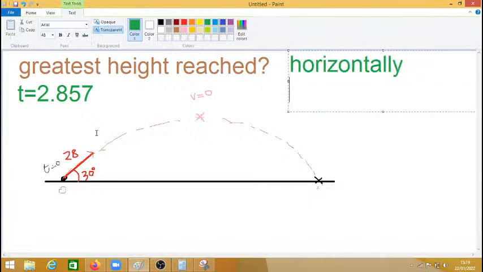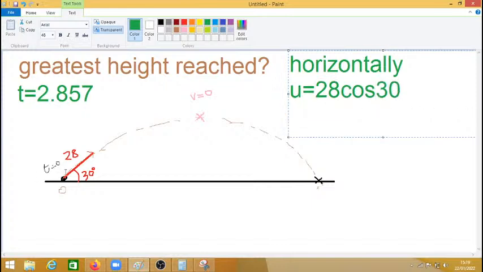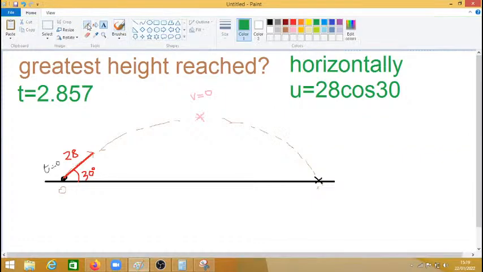Horizontally, we know the initial velocity. The initial velocity was 28 cos 30 because it's going horizontally. So we're looking at the horizontal component, that would be this way, adjacent to the angle.